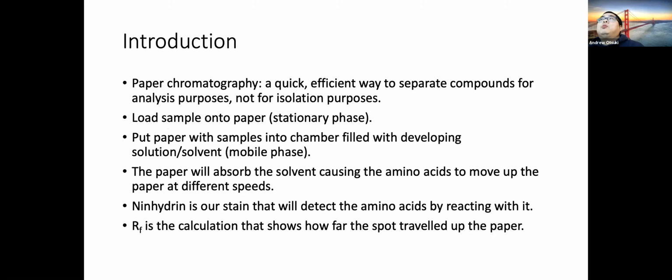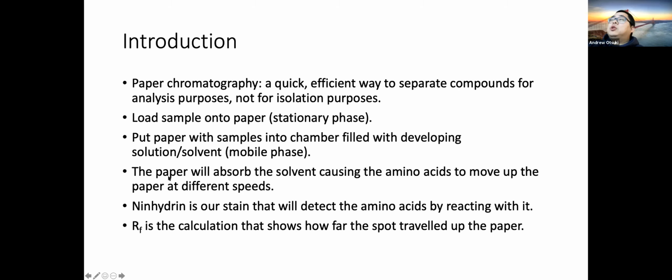Just like in column chromatography, where we used two different solvents to move the dyes through the column and collect them at the end, it's the same concept here, with compounds that have similar solubilities but different polarities.